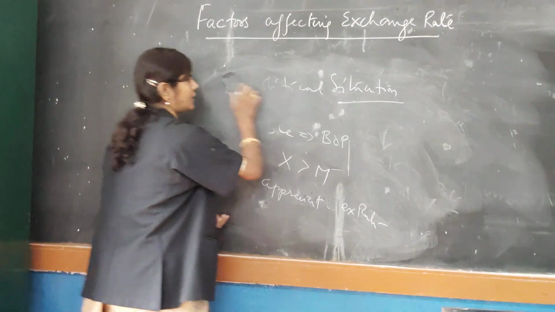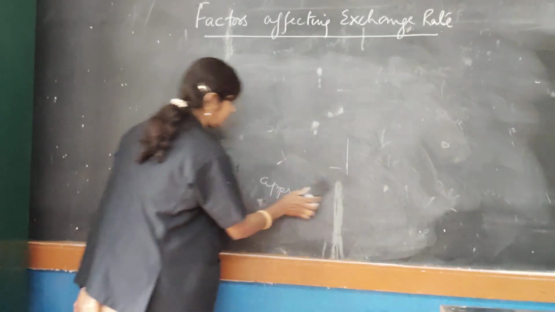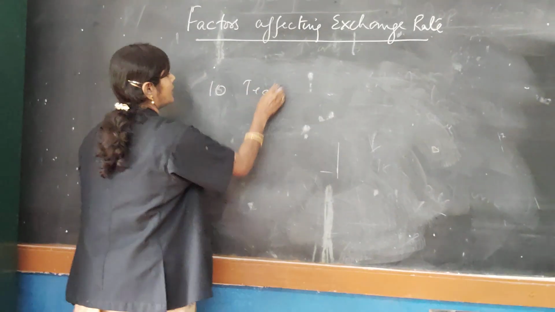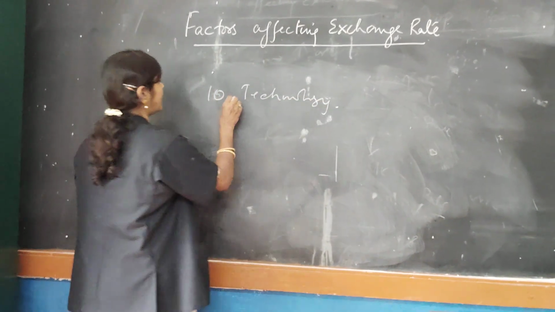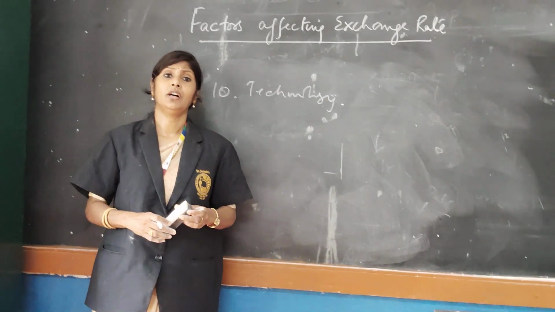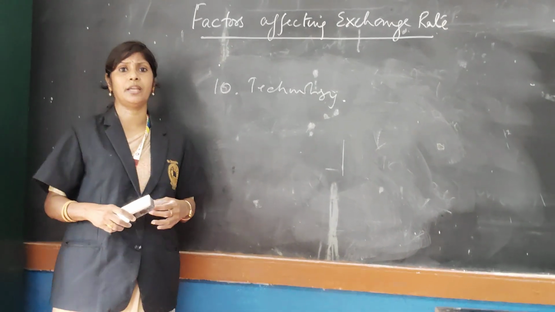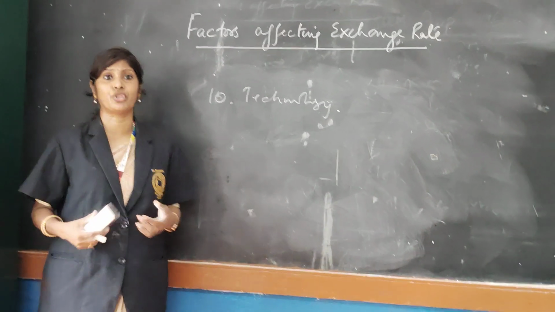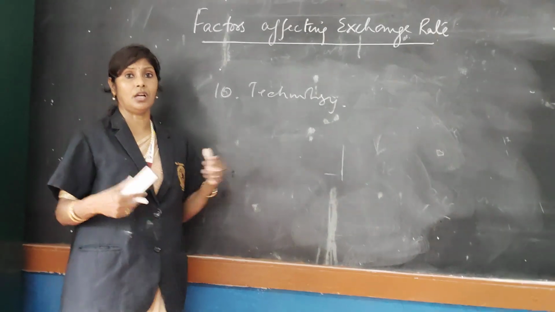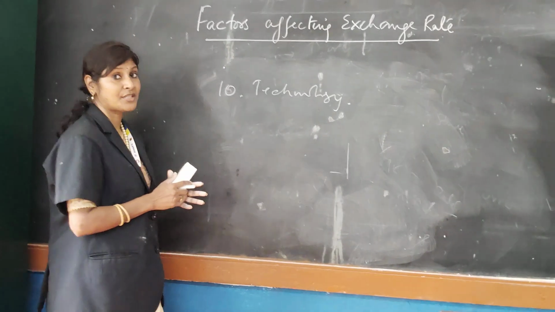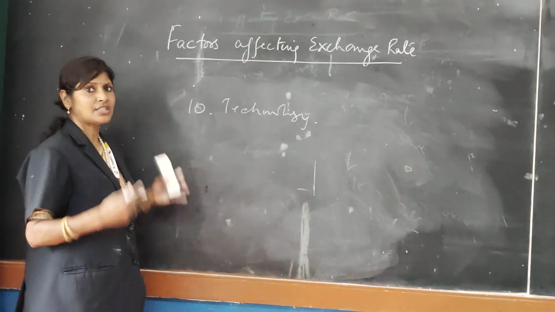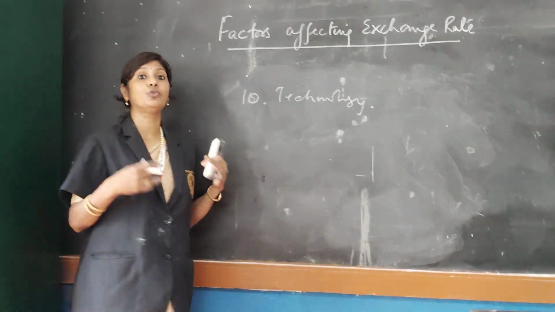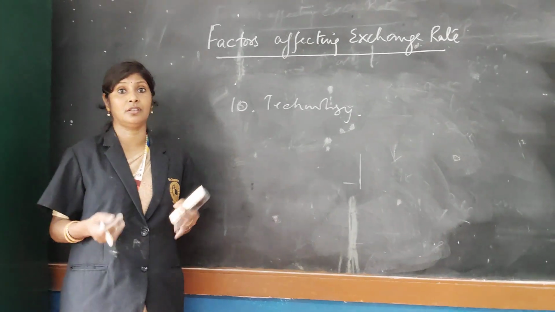So the next factor that we come across here is the tenth factor, technology. Technology also plays a major role. As we can see, the emergence of AI, the machinery, the transportation facilities, all that is taking place because of the advancement in technology. So this technology will definitely help a country to improve its manufacturing capabilities.